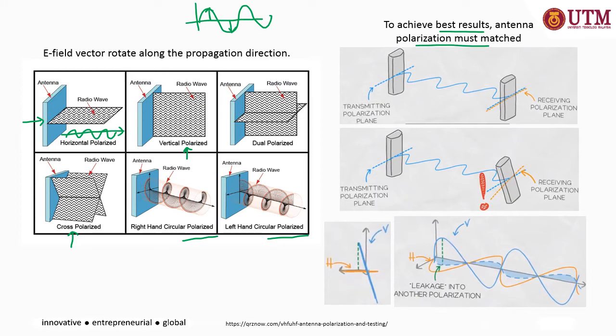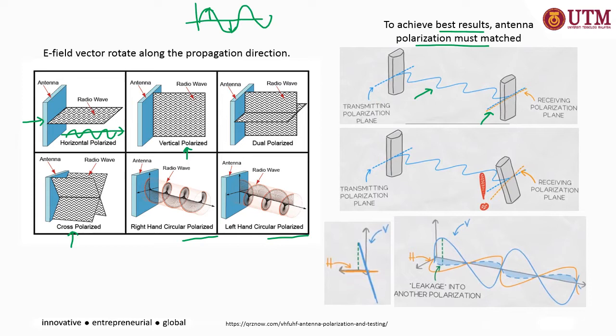Okay, so the polarization must be matched at both the transmission end and the receiving end. For example, the blue one indicates the signal propagating from the transmitter in horizontal polarization. At the receiving end, represented by the yellow lines, the antenna is oriented in the same polarization direction.